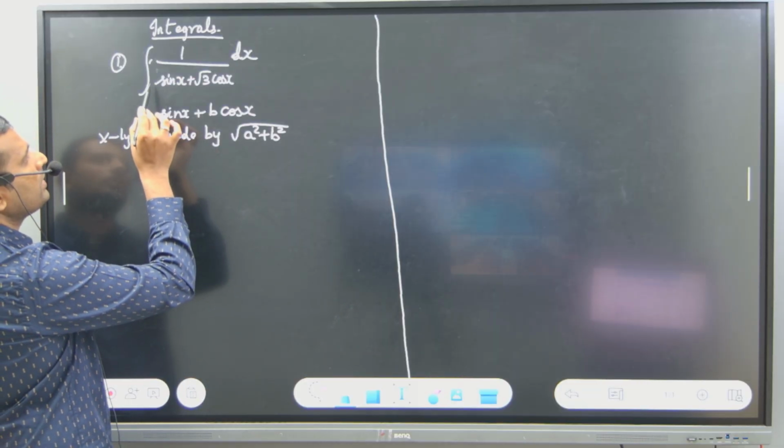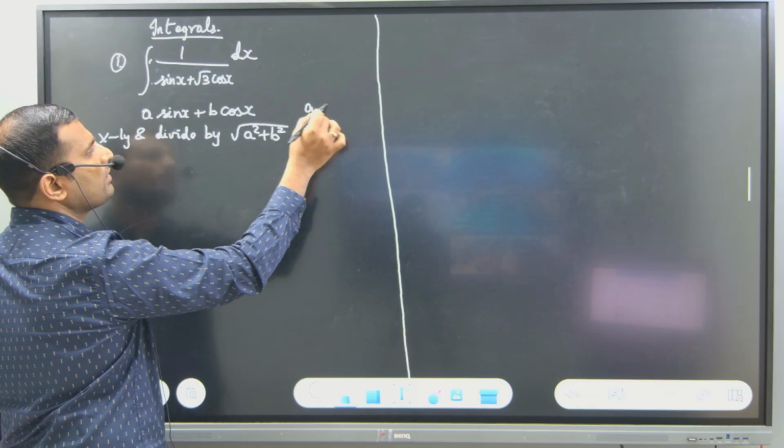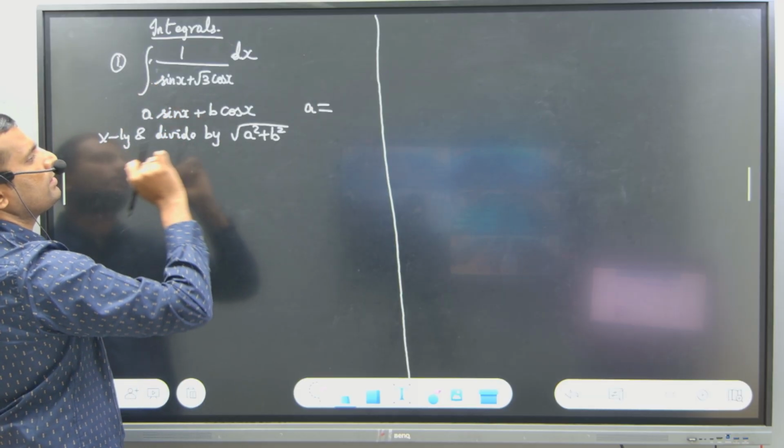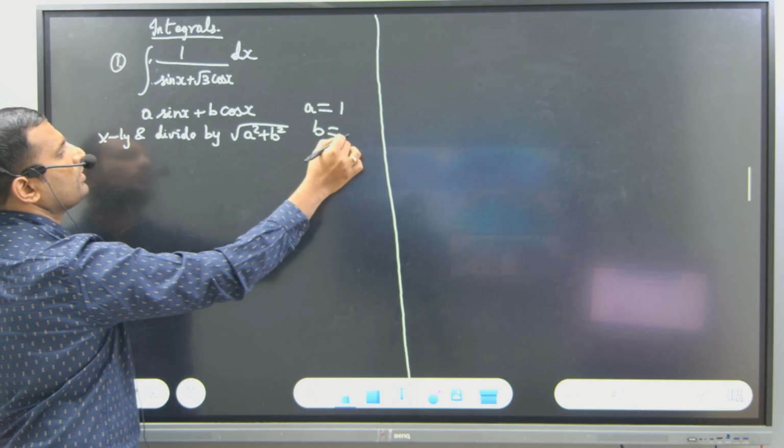Can you tell me how much is a, how much is b? In this question, how much is a? What is a? A is 1, b? Root 3.